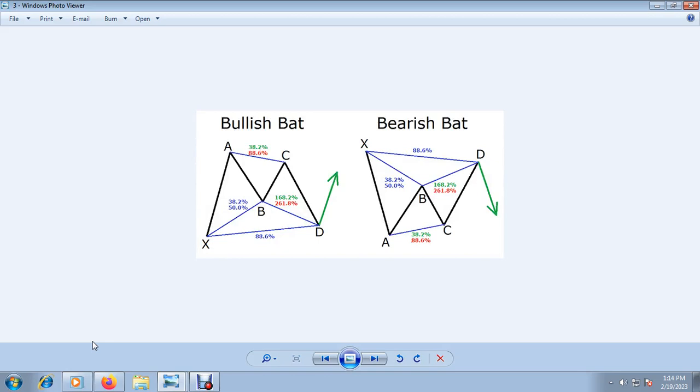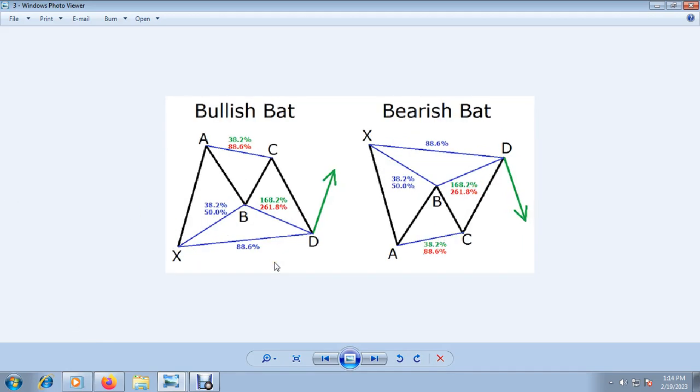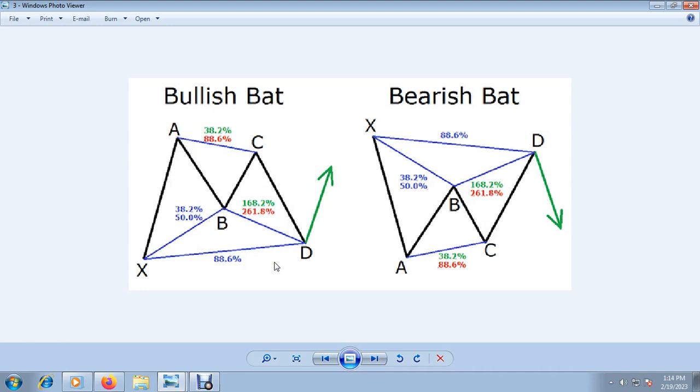Yeah, this one is the bat pattern. For the bat pattern it has to come up to 50%. After coming up to 50%, it will come down here. It will come down to 38.2% or 88.6%.